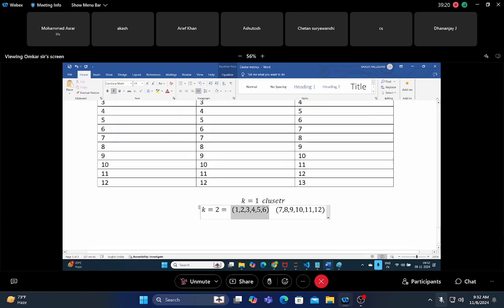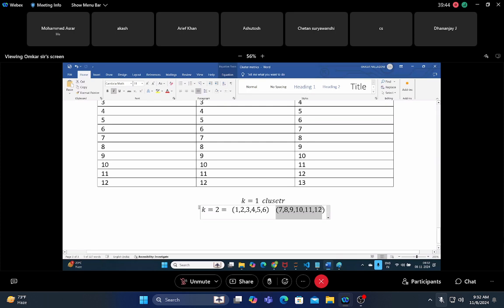Calculate the WCSS for this and calculate the WCSS for that. Calculate the overall WCSS. That is your job. One group calculates WCSS1. Mrutyunjaya and Krishna Teja, this batch will do this.